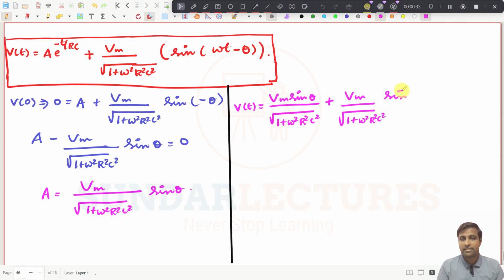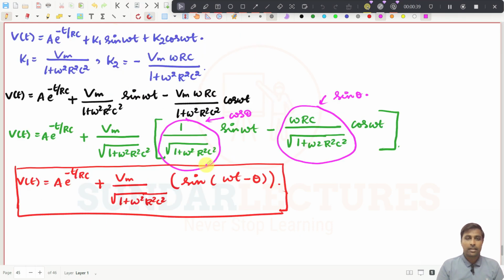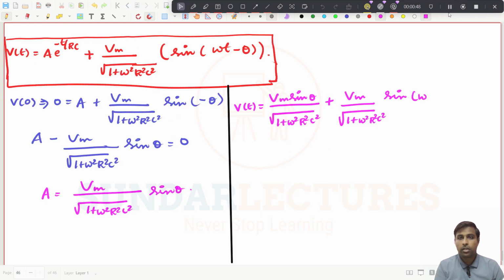This value will be sin of omega t plus theta, right? I may get minus. Why am I getting minus here? Anyhow, this value will be omega t minus theta, right?